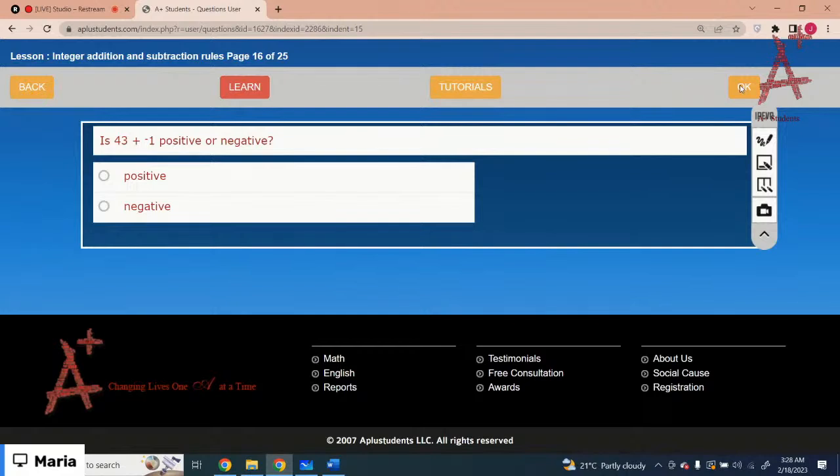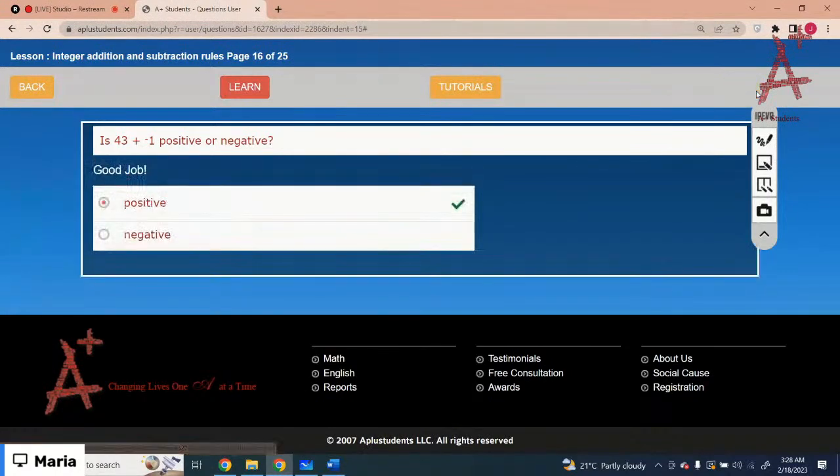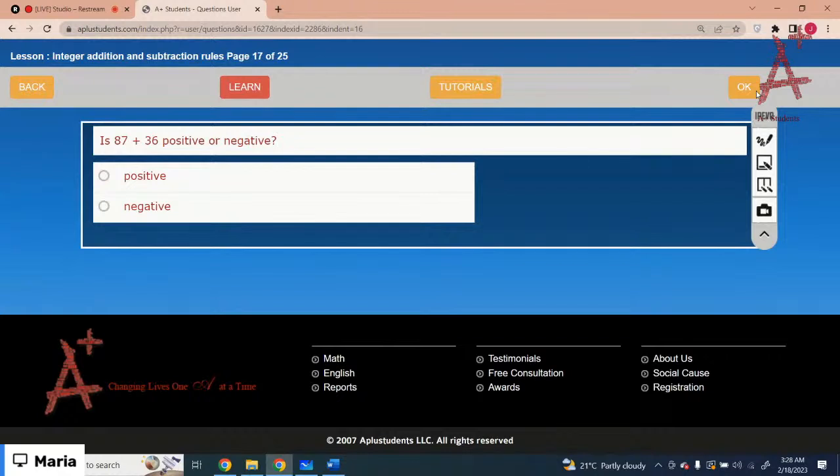Is 43 plus negative 1 positive or negative? 43 is a greater number. Got it? 43 is positive. So the answer must be positive. Got it? Is 87 plus 36 positive or negative?